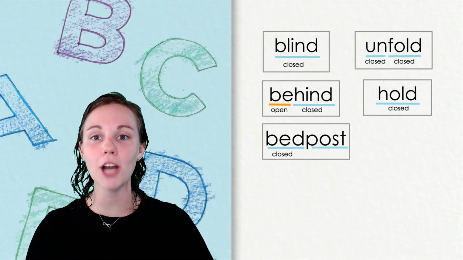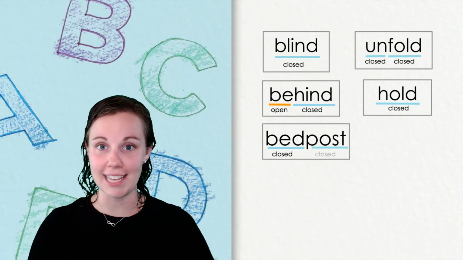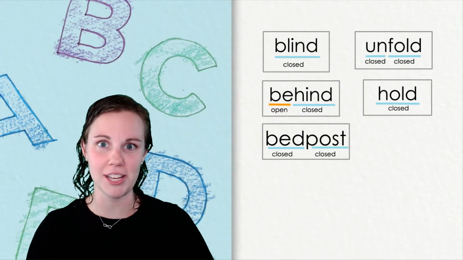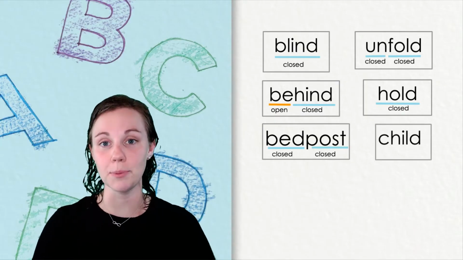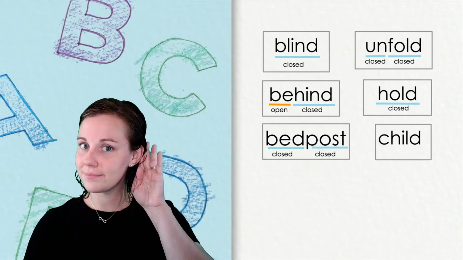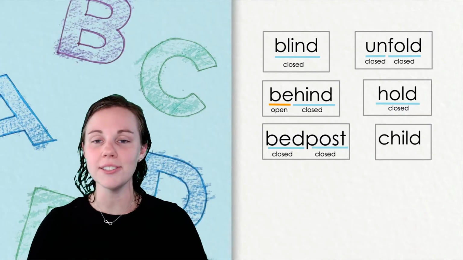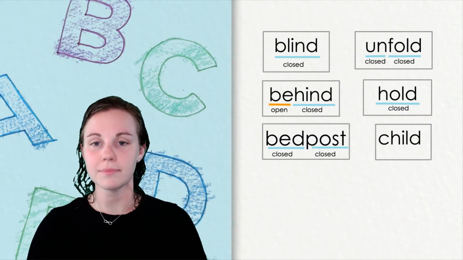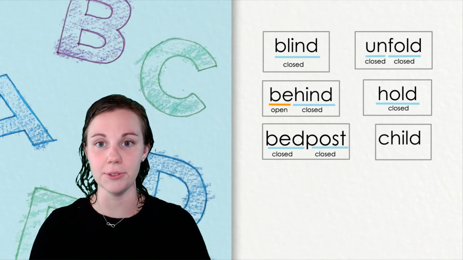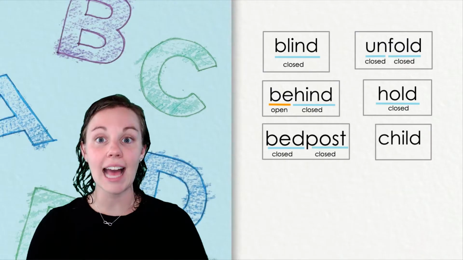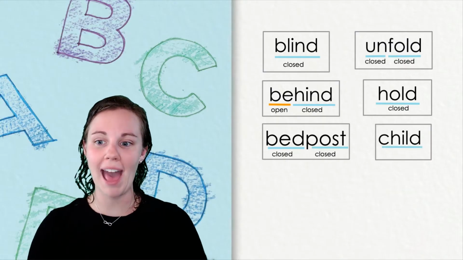Yes, we have our ost pattern. It's a closed syllable exception. What does this word say? Child. Great job. What pattern does this use? You've got it. It says ild. That's one of our patterns, and it's a closed syllable exception.